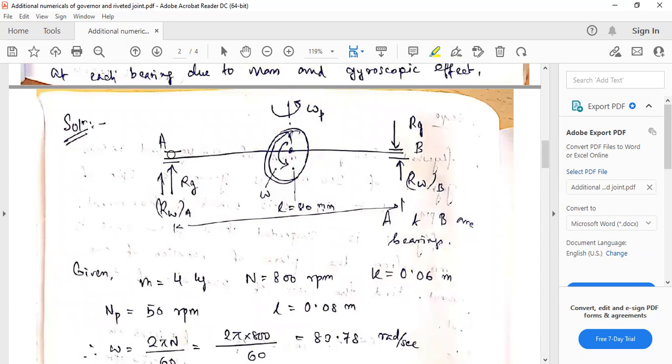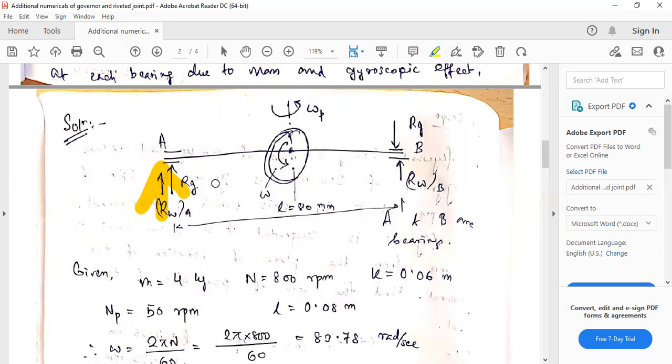First thing is, it will have a gyroscopic couple like this. See here, we have a support. Rw is the support reaction because of weight, where W stands for weight.